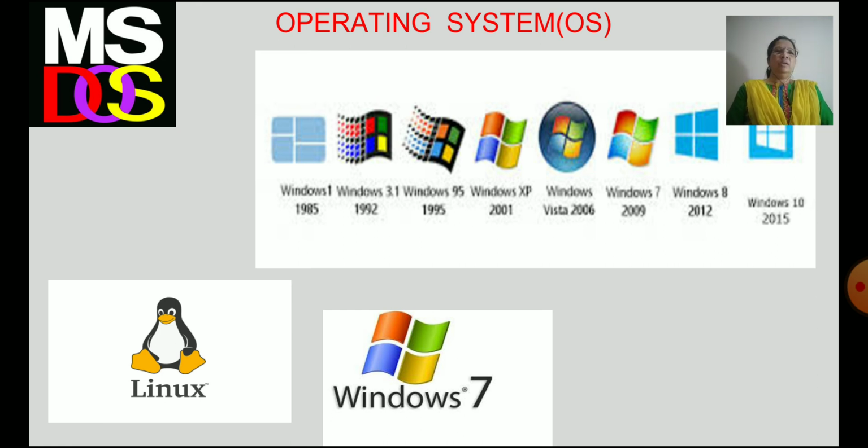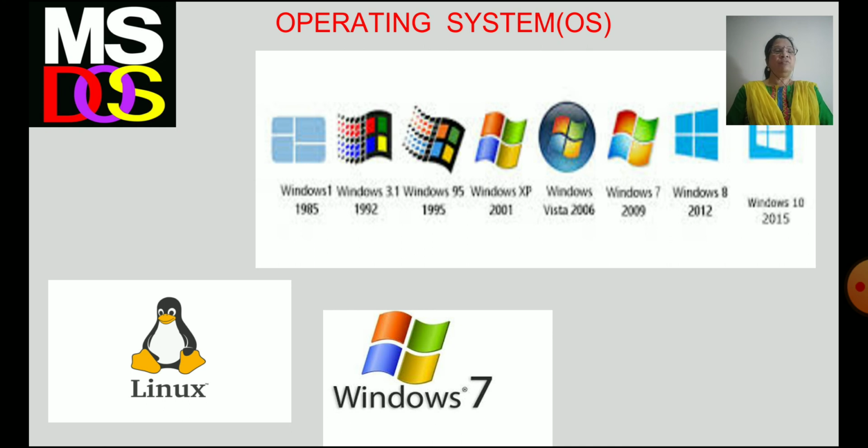Yes children, tell me, when you start the PC or mobile, it takes a minute or a few seconds to start the computer. That means behind the screen some software is loading.